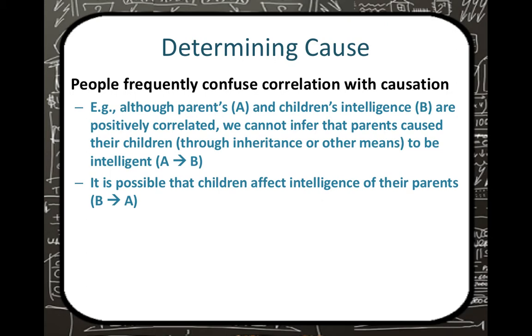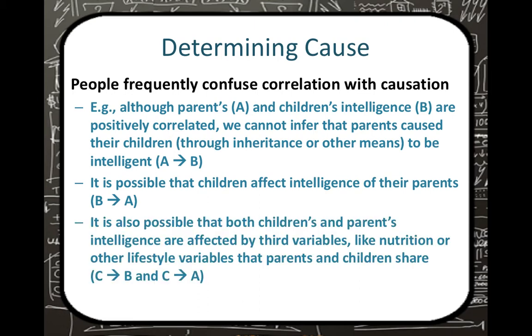Maybe if you have a smarter kid, you have to work harder to keep up with them, and that increases your intelligence. Or, probably more likely, it is possible that both children's and parents' intelligence are affected by some other third variable. So this is like ice cream and shark attacks. They're not directly related to each other. They're both affected by heat. So maybe the children and parents are growing up in similar circumstances. Maybe they live in areas where there's good nutrition.